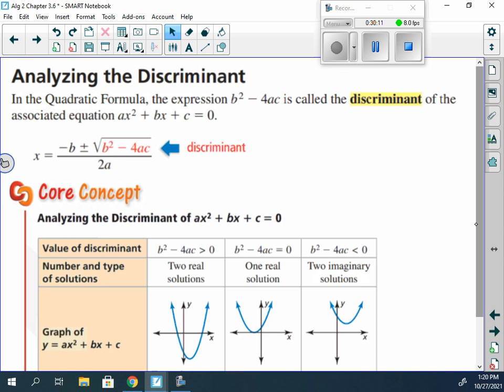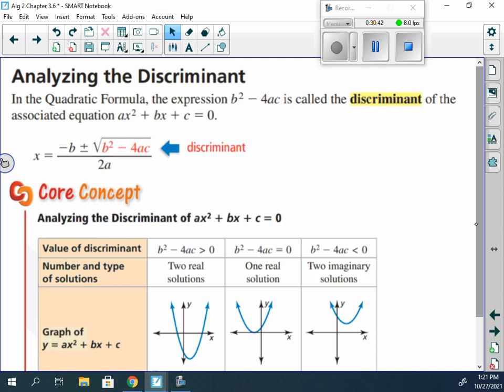They just won't be unique, like we saw earlier with the, I believe it was 2/5 and 2/5. Well, we got two answers, but really we just have one real solution. They're just not unique. And the last one is going to be what I call two complex solutions, or the book will call them two imaginary solutions.